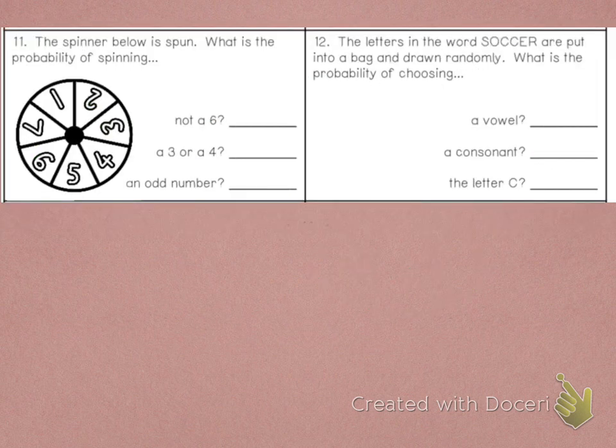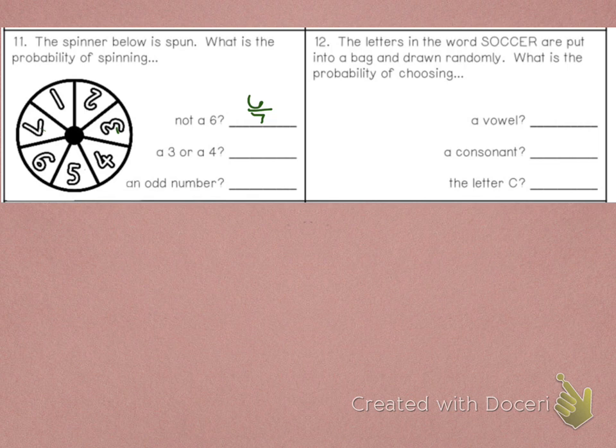The spinner below is spun. What is the probability of spinning not a 6? So here's a spinner, and it's labeled 1 through 7, which means there are seven spaces. And not a 6, well, all of them but 6: 1, 2, 3, 4, 5, 6, that would be a 6 out of 7.